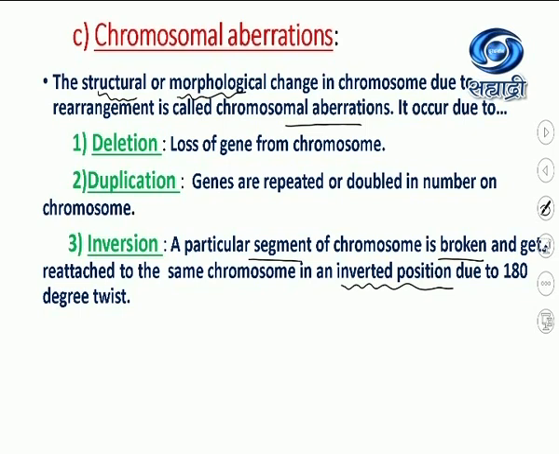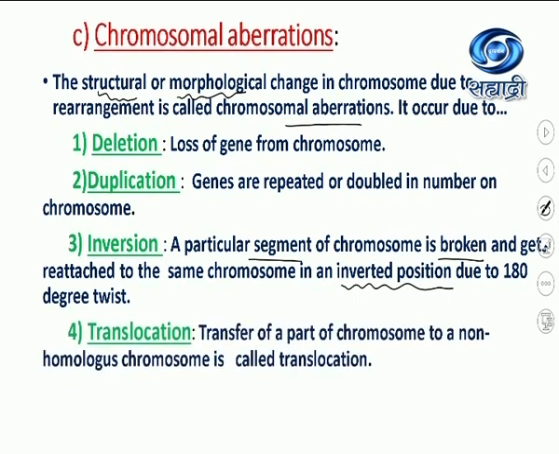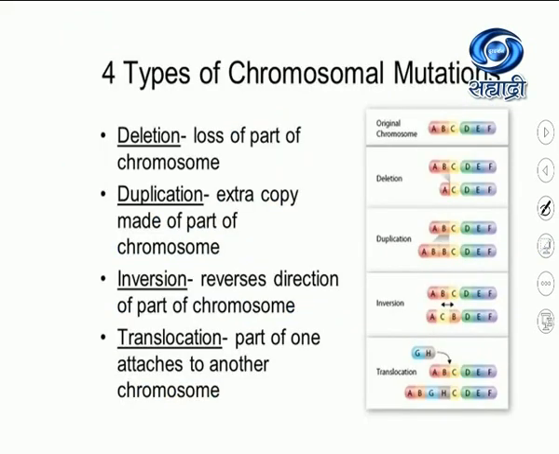I'll show it with the help of a diagram also. Then we will discuss translocation, transfer of a part of a chromosome to a non-homologous chromosome. Transfer of a gene to a different location. So deletion, duplication, inversion, translocation.